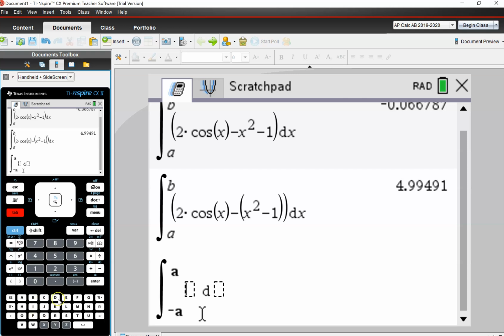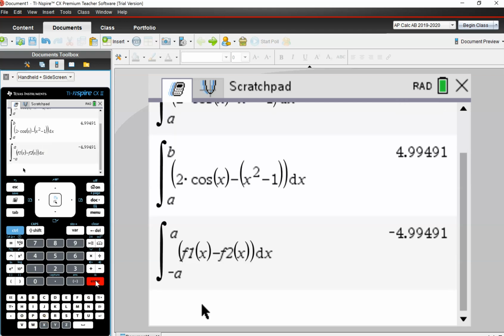You could just do f1 of x, okay, so that's minus the equation, f2 of x. How long can I save this variable? Until you die, until you change them.